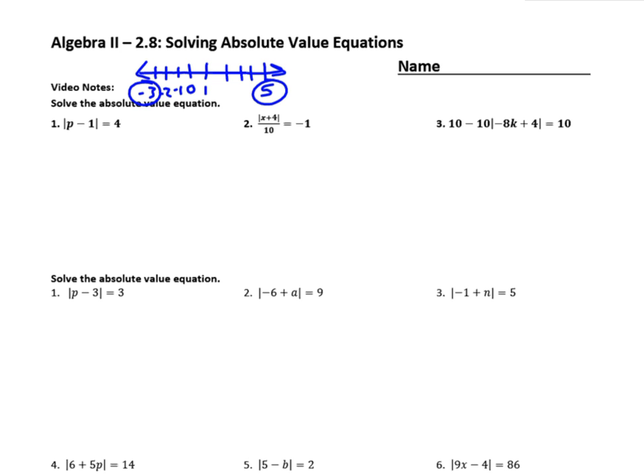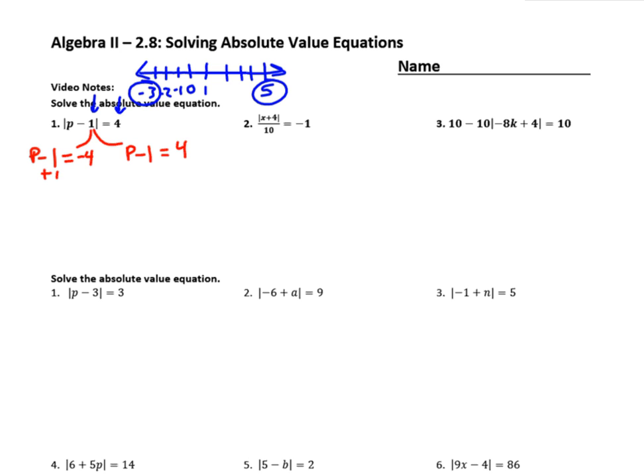That's the question: I want to know what is 4 units away from the number 1. And the way that solves is that you try to get rid of the absolute value. So I want to get the absolute value by itself, which it already is, and then I want to get rid of the absolute value. I do that by writing two equations, one to the negative side, p minus 1 is equal to negative 4, and one to the positive side, p minus 1 is equal to 4.